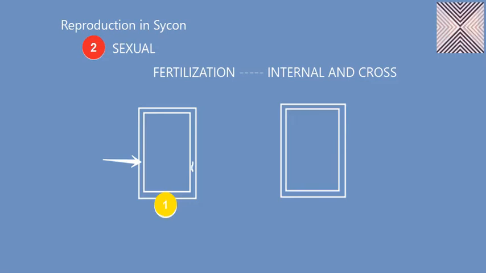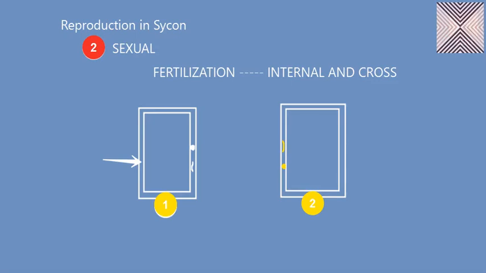These are the sperms of Sycon number 1, and this is the egg of Sycon number 2, and this is the sperm of the second sponge, and this is the egg of sponge number 1. As we have discussed earlier, every sponge has both the sperms and the eggs.